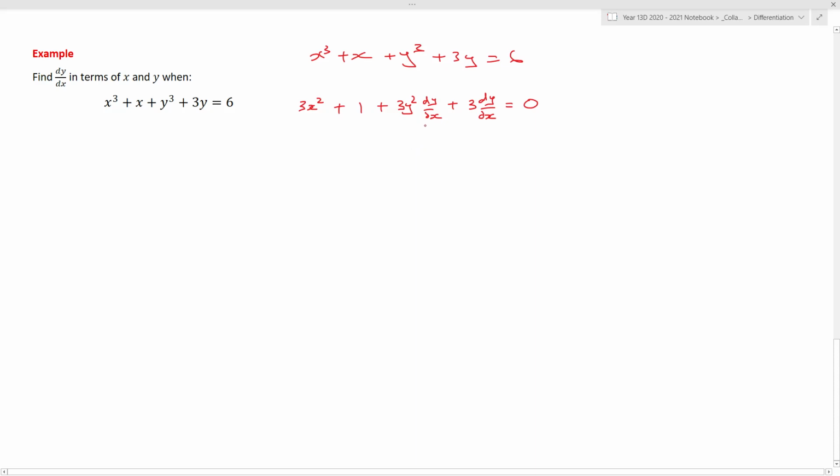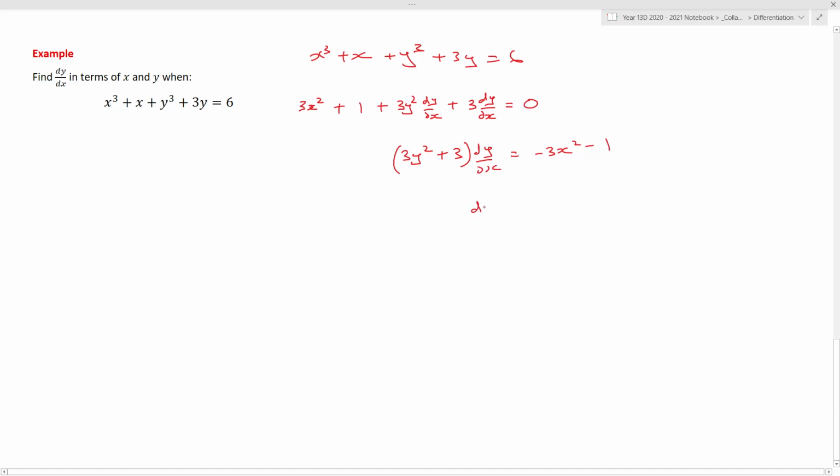So let's do that. I can factorize here. At the same time, I'm going to move my 3x squared plus 1 from the left to the right hand side. So here I've got 3y squared plus 3, dy by dx, is equal to, these two terms are positive on this side, so they'll be negative, minus 3x squared minus 1.